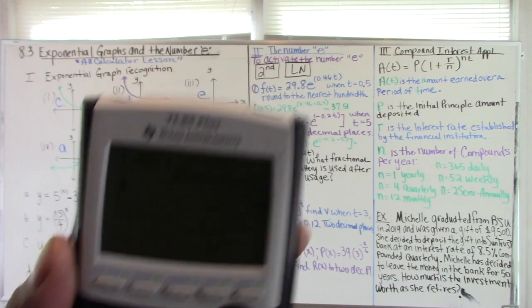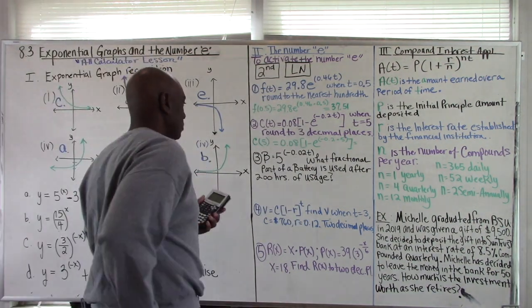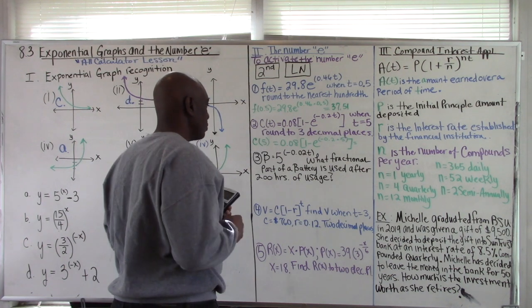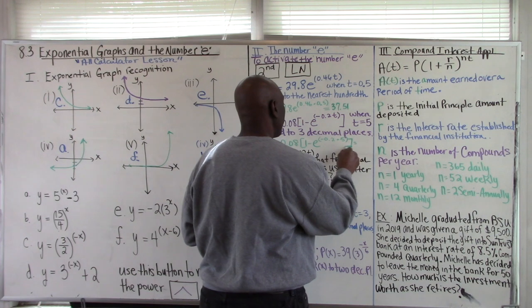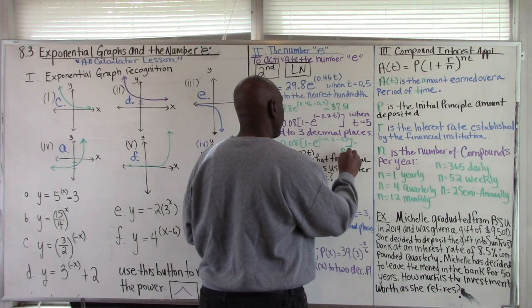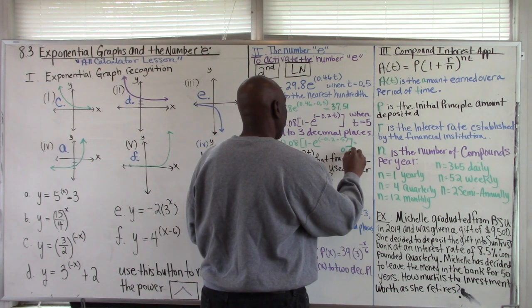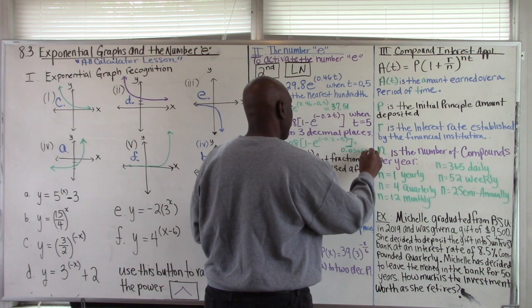Okay, how do they want us to round it? 3 decimal places. So here we go with an answer of 0.05056 on and on.